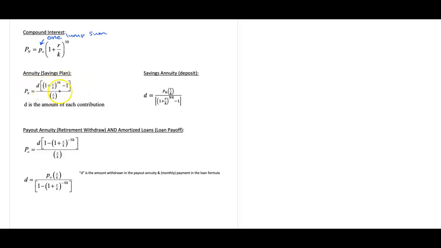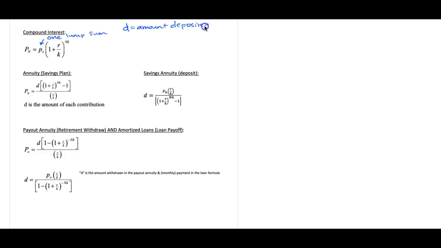And then some of these other things are similar to all of these different formulas. Maybe I'll put a couple of things up here, right? So D is the amount deposited. It means something different in these ones down here, but I will talk about that in a second.